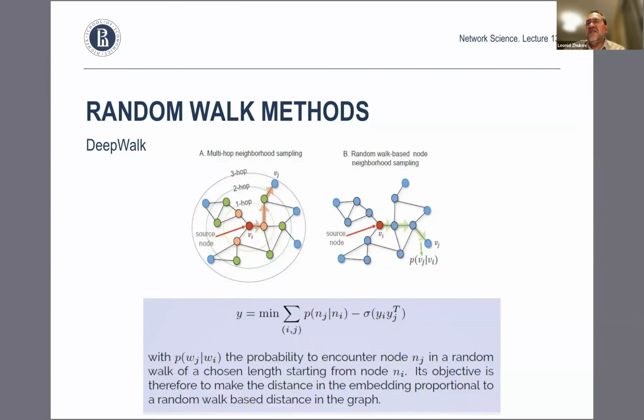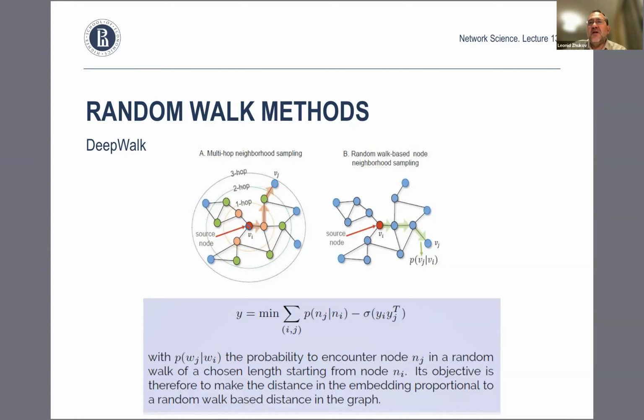So what does it have to do with random walks? Well, the idea is the following. When you have a graph with nodes, we can pick a walk and walk along the graph, going one node after another.